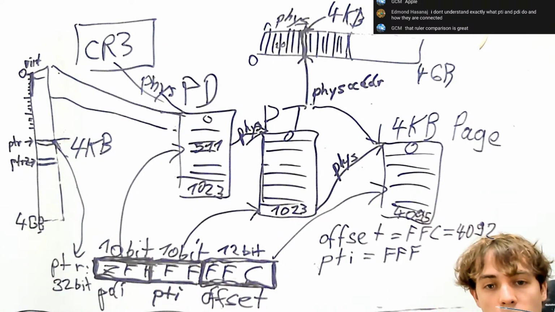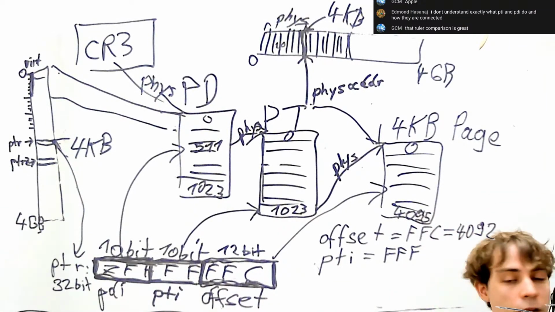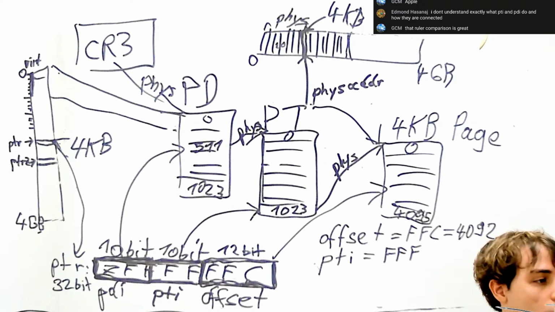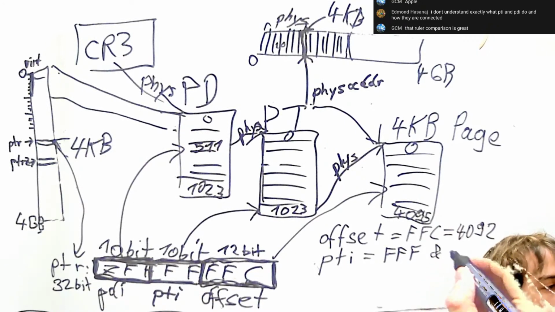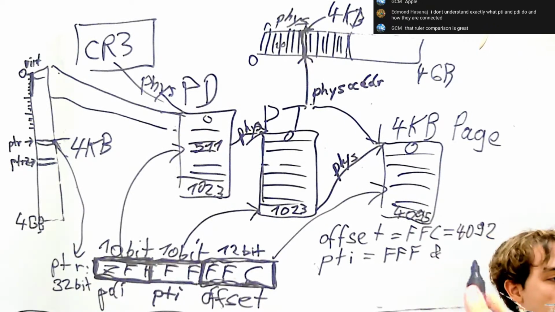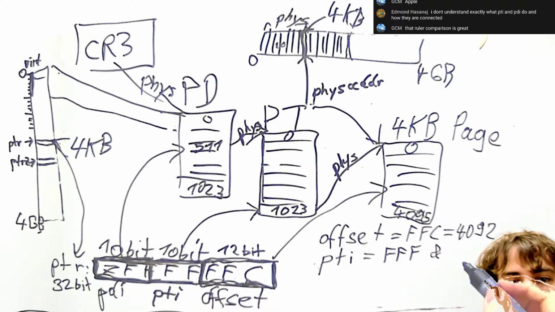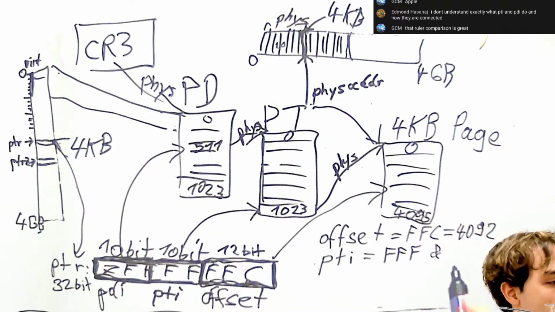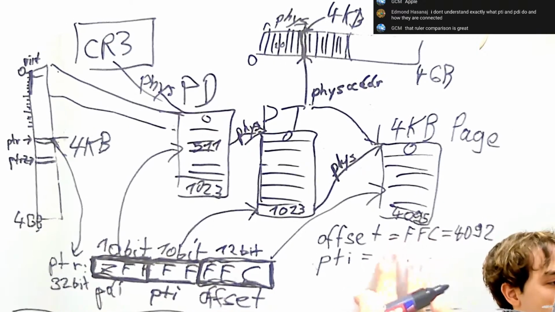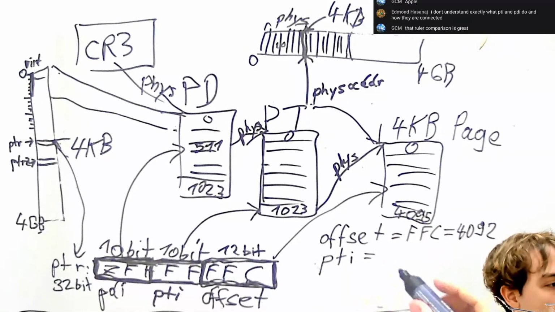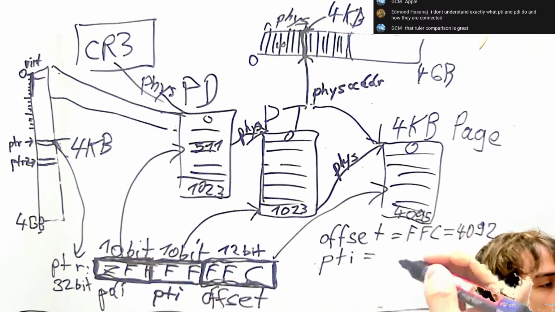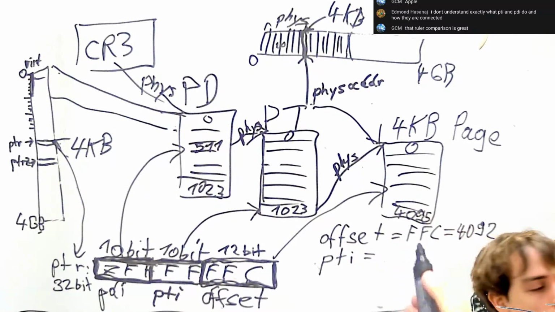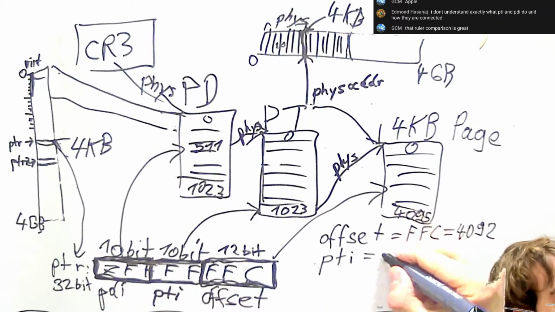And if you want to take the lowest 10 bits, you can do something like AND and then write a hex number that has exactly 10 bits, but we can also do it like this. So let me write this down in binary if you want. I don't recommend doing this in the exam because you can introduce a lot of mistakes by doing that, but I will do this one time now.